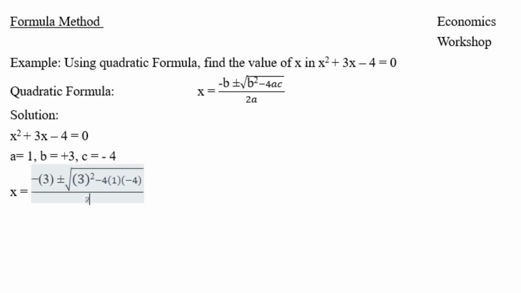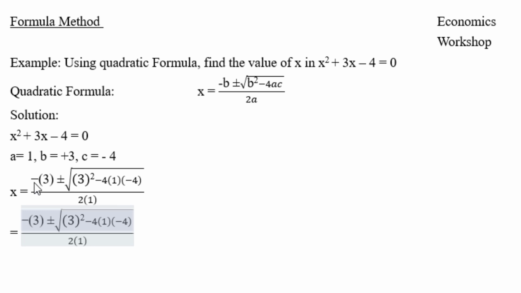And this part we have a, and that is 1. So when we open the brackets, we have this place to be minus 3. 3 raised to power 2 is same thing as 9. And minus 4 multiplied by 1 times minus 4 is same thing as plus 16.